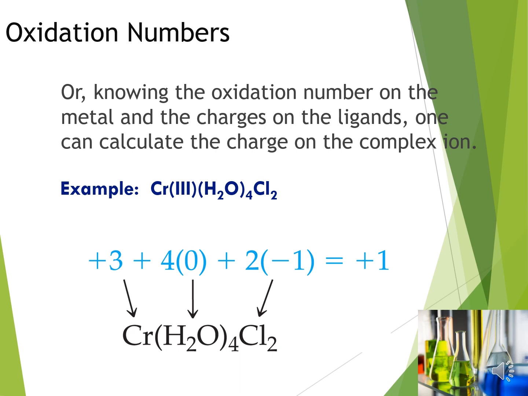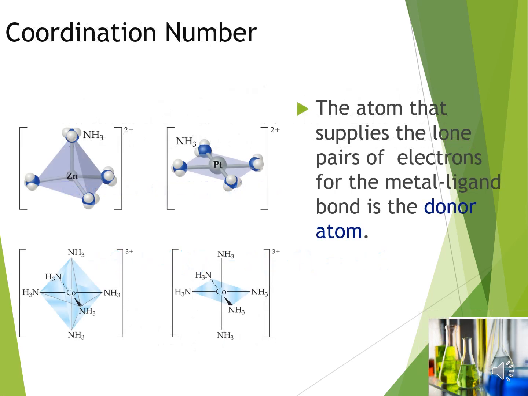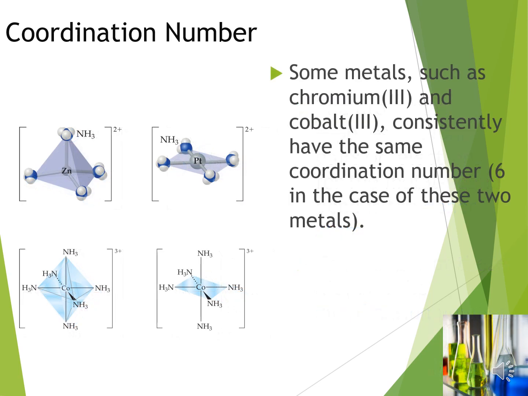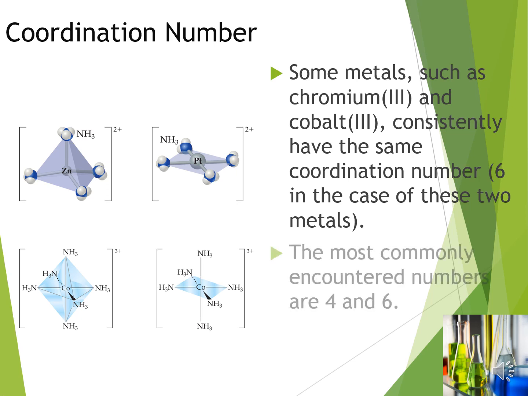In the coordination number, the atom that supplies the lone pair of electrons for the metal-ligand bond is the donor atom. The number of these atoms is the coordination number. Some metals such as chromium 3 and cobalt 3 consistently have the same coordination number of 6.